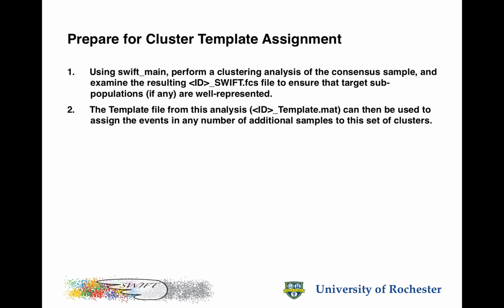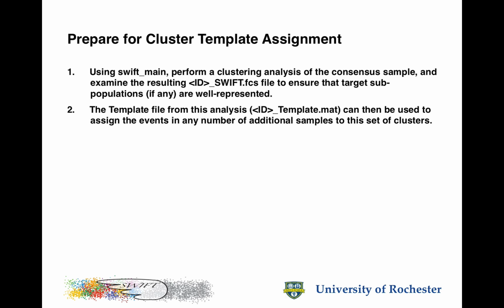Now, to prepare for cluster template assignment, once you have made the consensus sample, you then cluster that in Swift using Swift main as described in tutorial 1. Examine that file to make sure that any target populations that you're particularly interested in are well represented in that template.